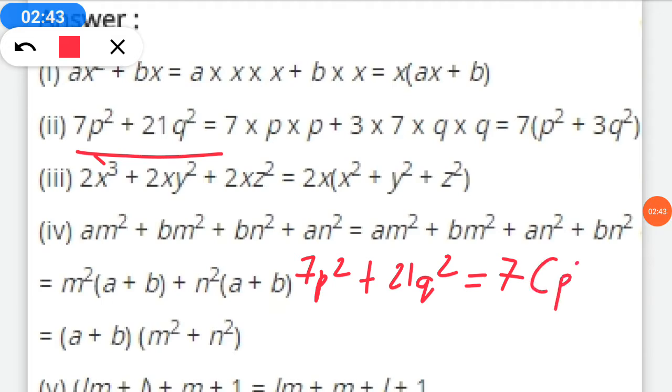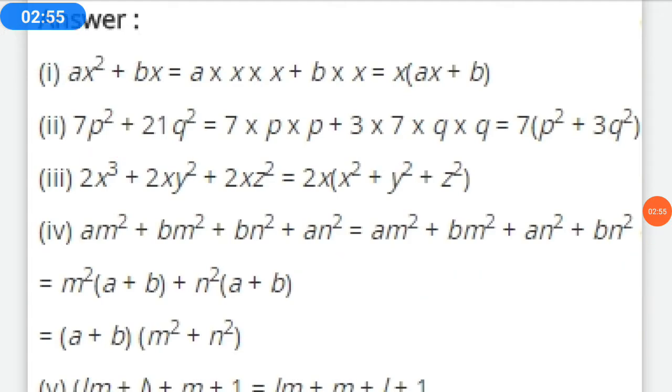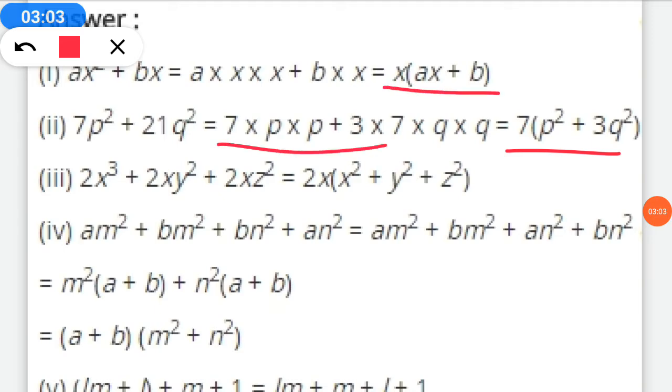So p square is left plus 3q square, which is the required answer. So in short, in question number 3 it is asked to do the factorization. While doing the factorization, what we have to do is take the common. No need of expanding, as the expansion is already given here, so it is not required. Directly you can do it.